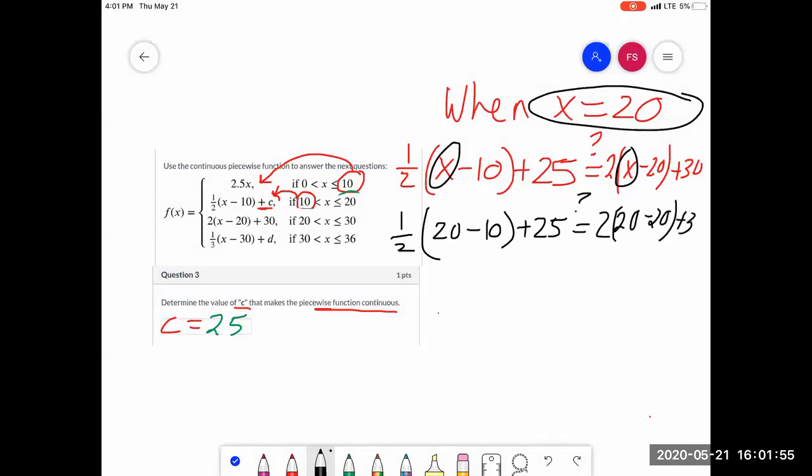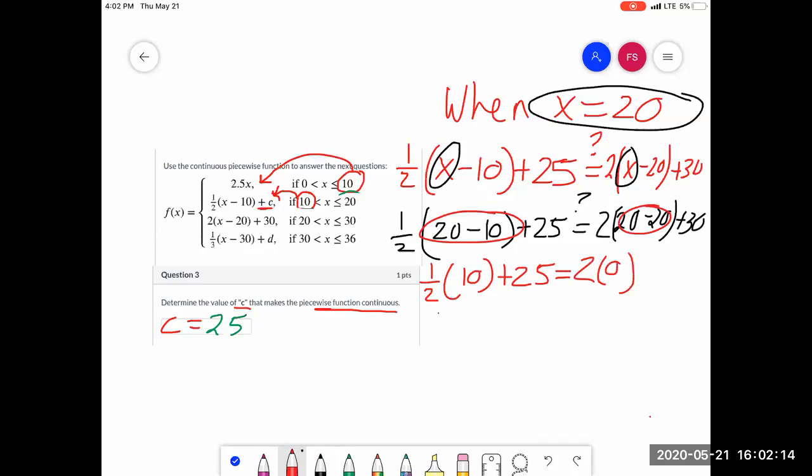So I start simplifying. This is going to be 1/2 times 10, since 20 minus 10 is 10, and then plus 25, and that's going to equal 2 times 0, since 20 minus 20 is 0, plus 30.